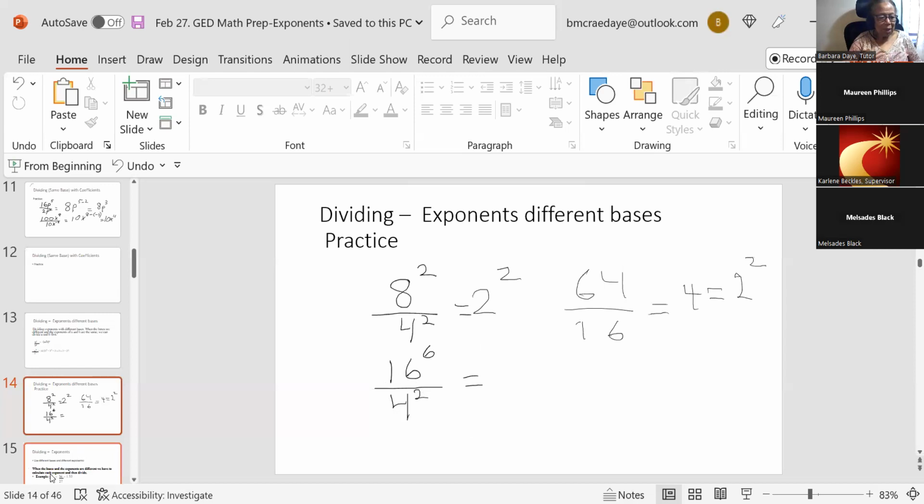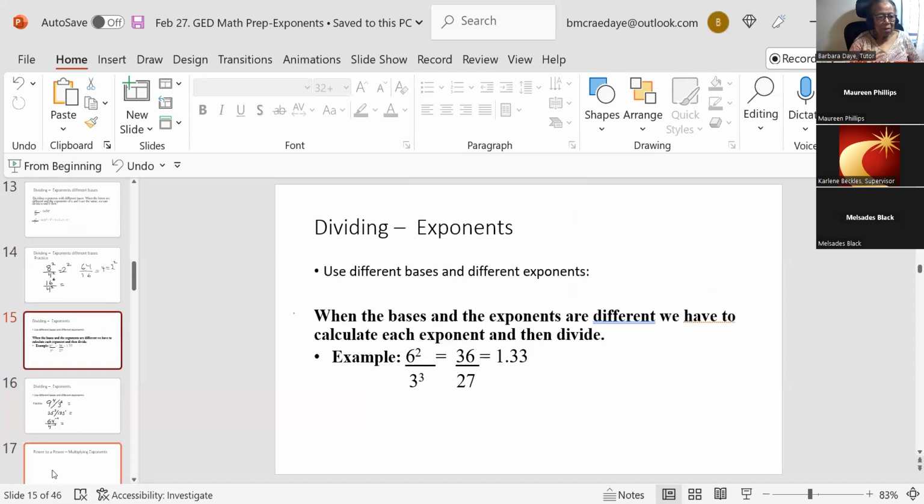Why would you multiply? Let me go here. Divide. Okay, now let me just give you the rule. Different bases, different exponents. What do you have to do? Calculate each exponent, like you said, Mercedes, with that other rule with the multiplication.